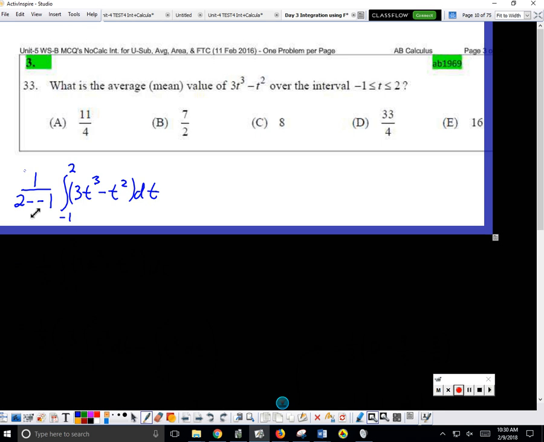So right here, that's going to be 3 cubed over 3, but now that must be evaluated from negative 1, because you don't have the antiderivative around minus.